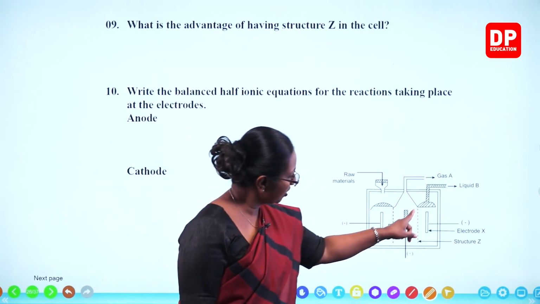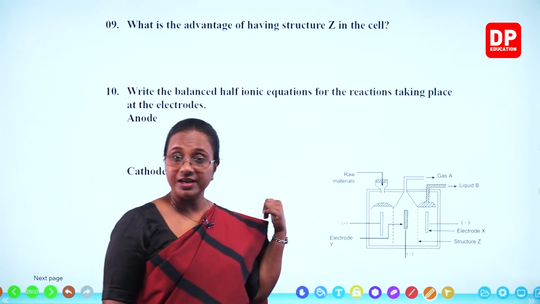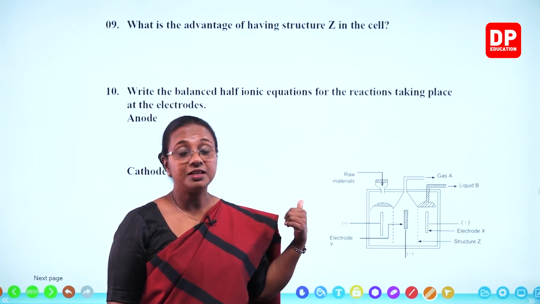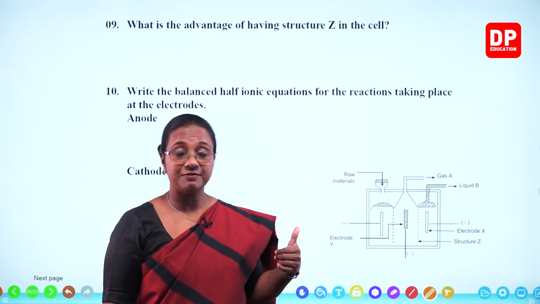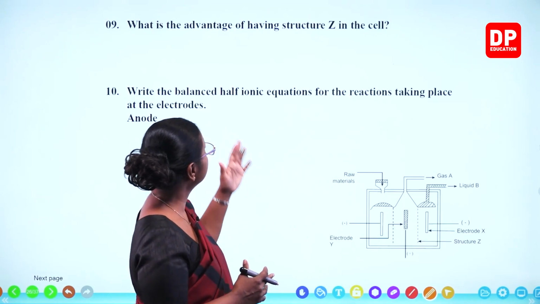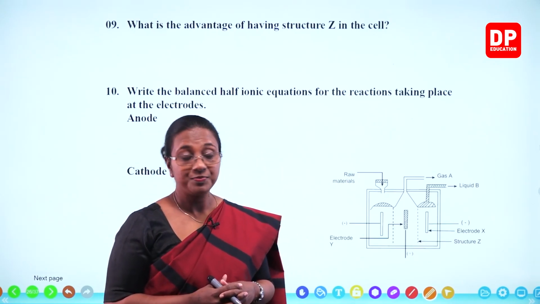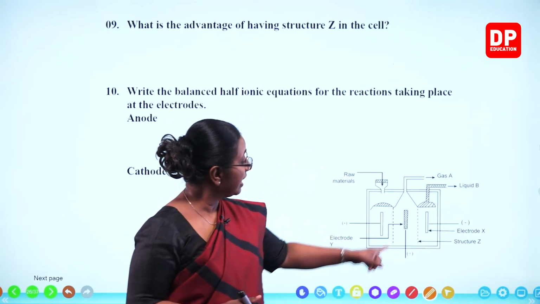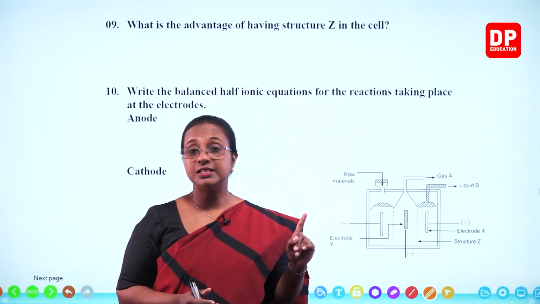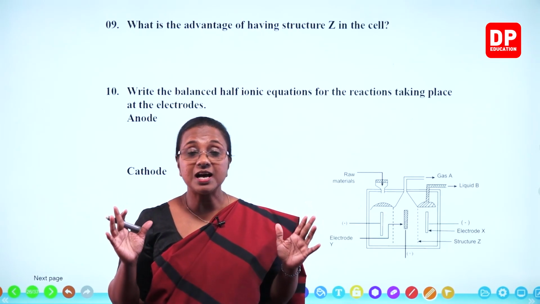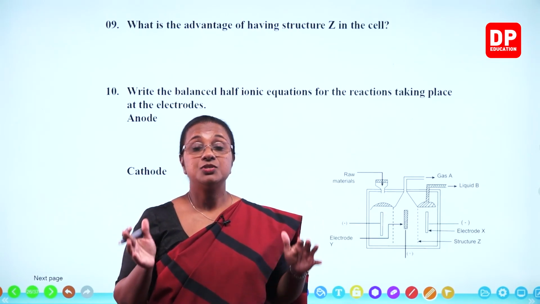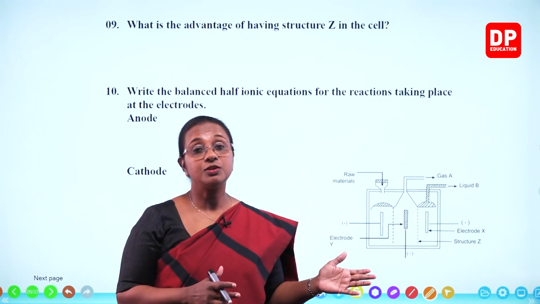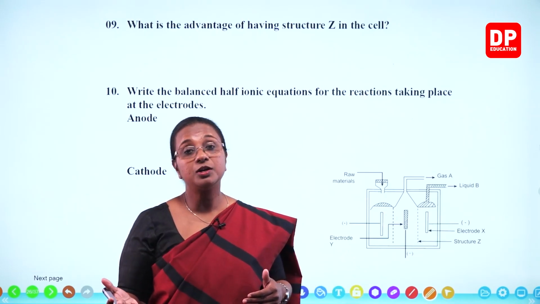So here students, you all can see structure Z. We already labeled it as the circular perforated steel diaphragm. What is the reason for having this in the cell? Now you all know sodium liquid is produced near the cathode and chlorine gas is produced near the anode. Now sodium is a highly reactive metal. So that can easily react with chlorine and form sodium chloride.